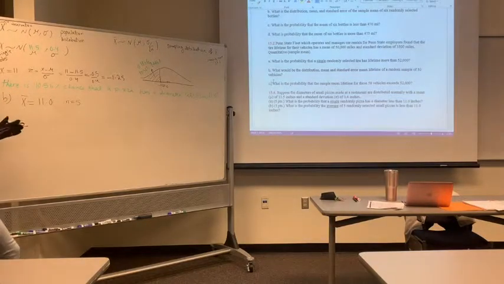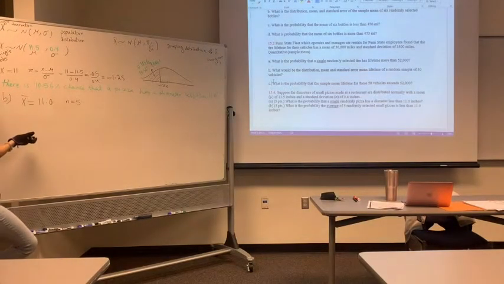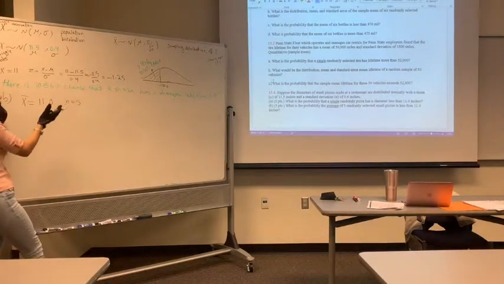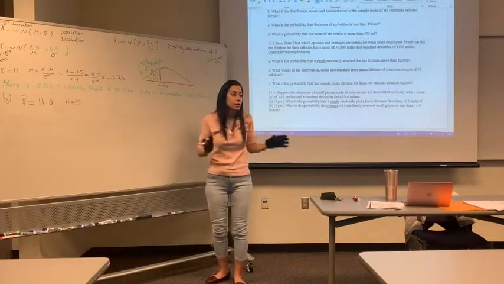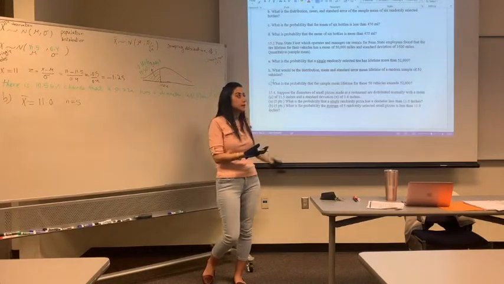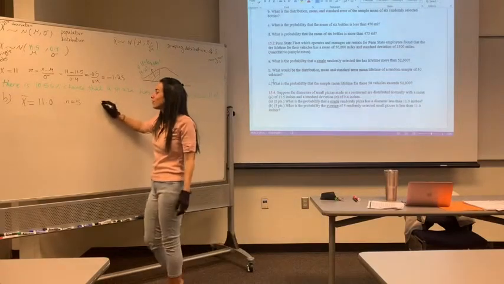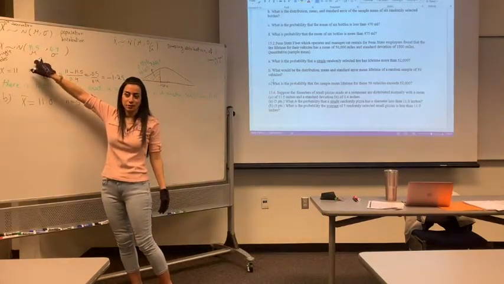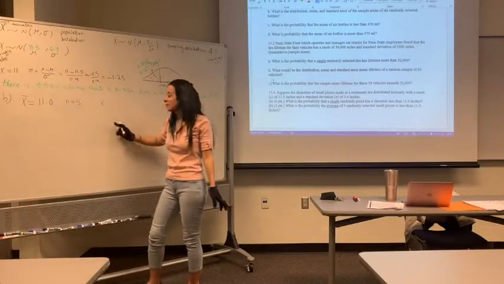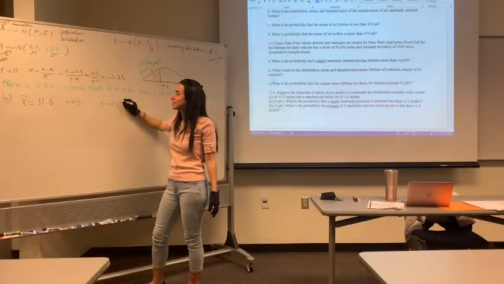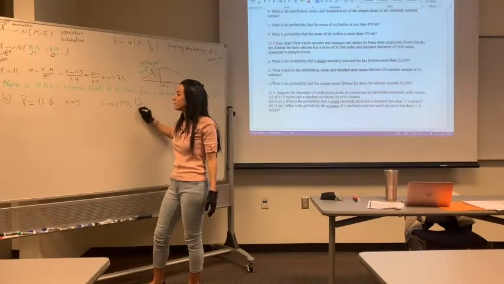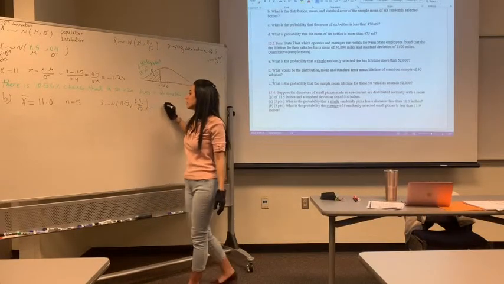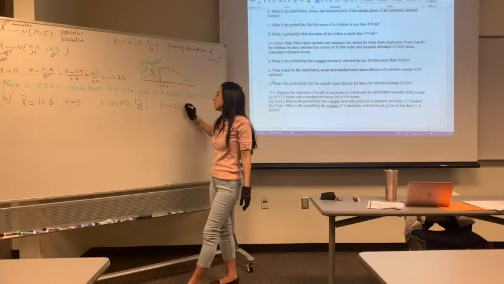The question doesn't ask you to find the distribution for X bar, but I always write it down. We have a normal with the same mean as the population, but the standard deviation changes to 0.4 divided by square root of 5. So X bar has a normal of 11.5.